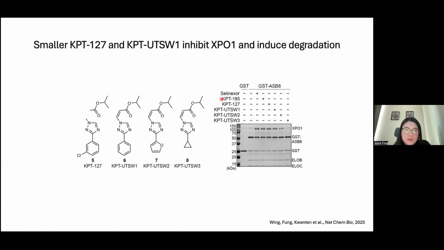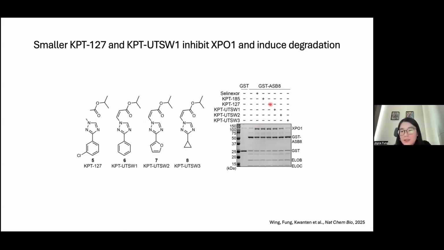So let me first go through the small inhibitors. We found this KPT-127, but it only has a chloride on one end. And then we also talked to our chemist at Southwestern, Joe Reedy, and he suggested we can make a 6-member ring without the chloride, a 5-member ring, and a 3-member ring.